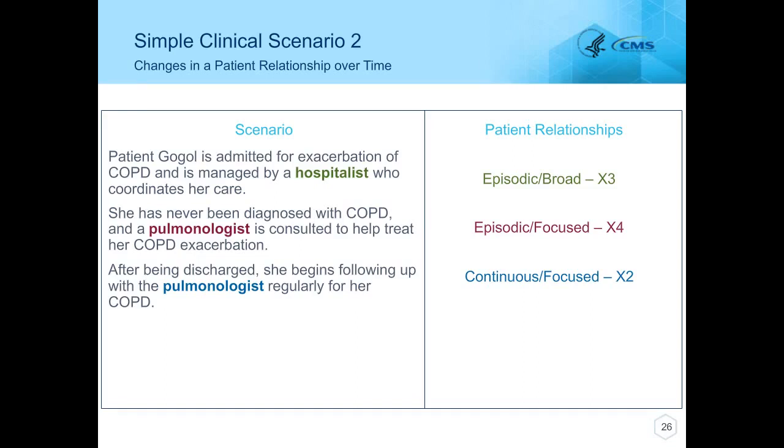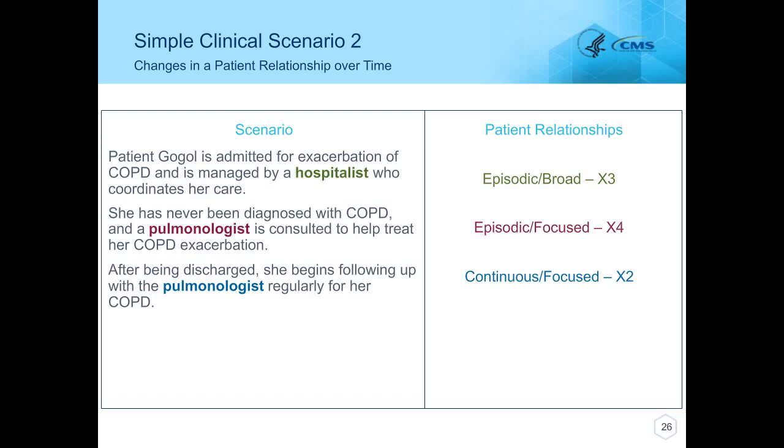So this would be an episodic broad relationship, or X3. The pulmonologist, on the other hand, is the consultant treating during the COPD exacerbation or the acute episode. So it's episodic and focused on the COPD exacerbation itself or the disease process. That makes the pulmonologist an episodic focused clinician with an X4 category.